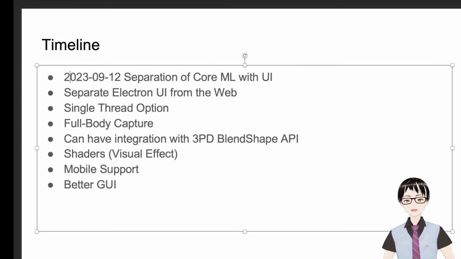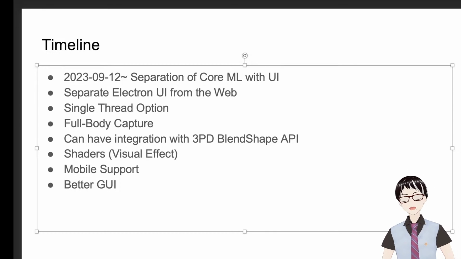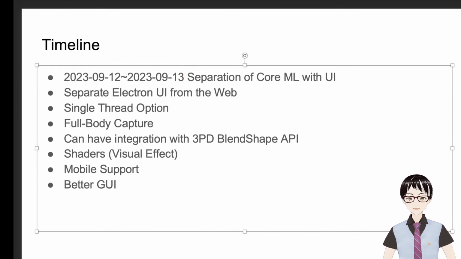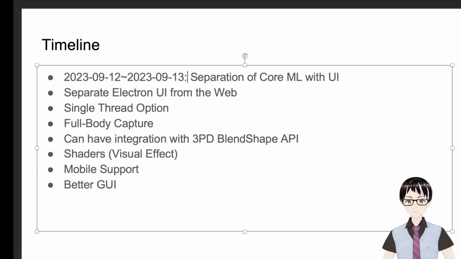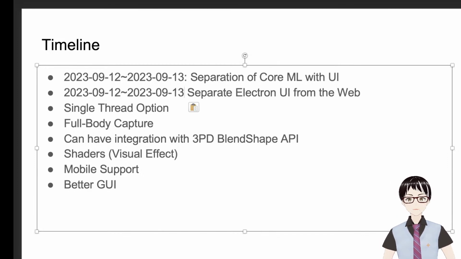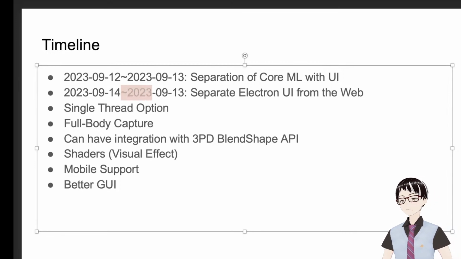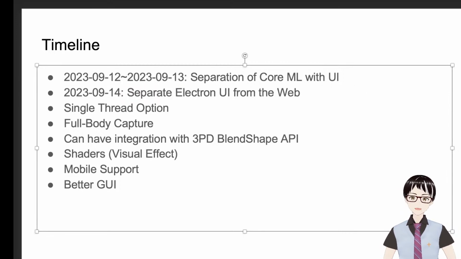Will I be able to do it tomorrow? Let's see. Right, let's use it tomorrow then. Let's give it some buffer, 2 days. Okay, separate Electron UI from the web. Okay, this is another interesting part. Let's give it 1 day. We should be able to finish this within 1 day. Okay. And single thread option.